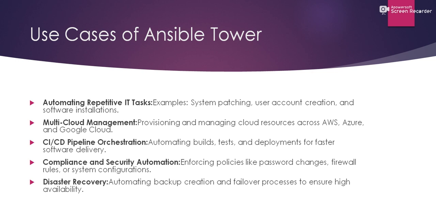Organizations use it for security and compliance automation, enforcing policies such as system configurations or firewall rules. Lastly, it's invaluable in disaster recovery scenarios, automating backups and failover processes to ensure business continuity. These examples highlight the broad applicability and value Ansible Tower brings to modern IT operations.